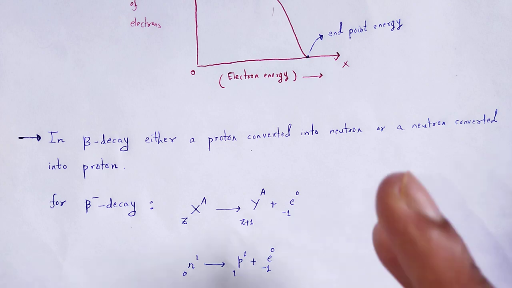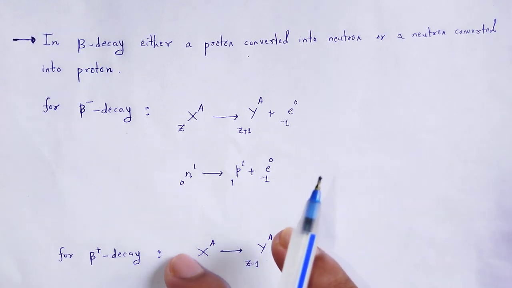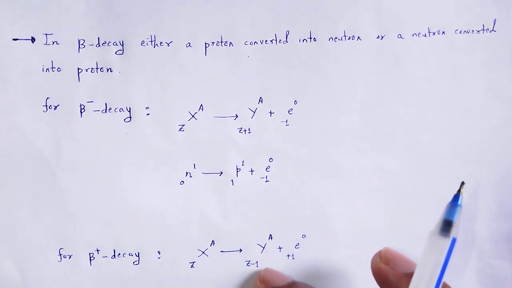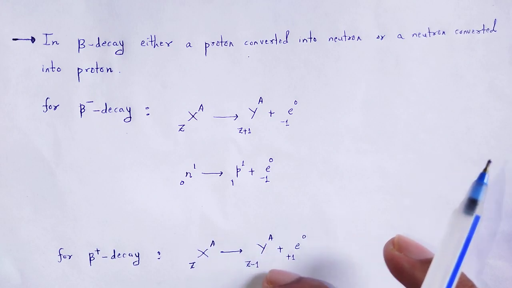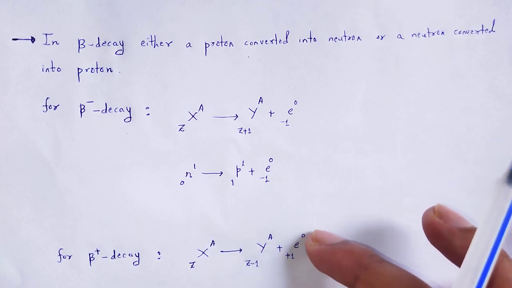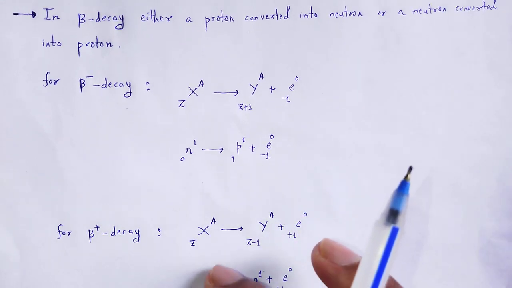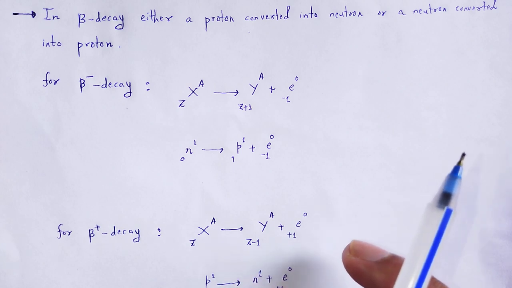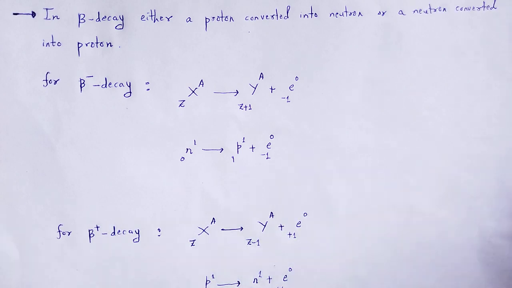Similarly, for beta plus decay, this is the parent nuclei, and the daughter nuclei has the atomic number decreased by 1 unit with the emission of a positron. In that situation, a proton is converted into a neutron with the emission of a positron.